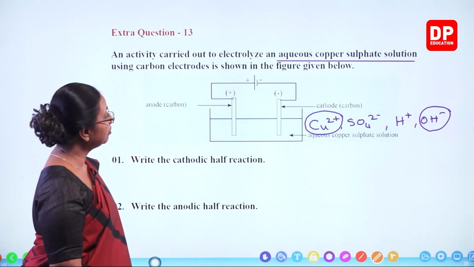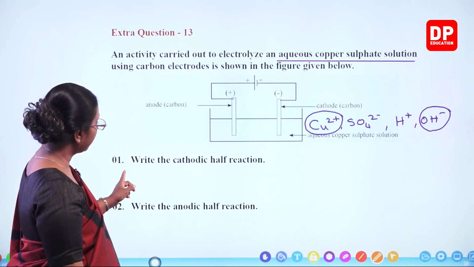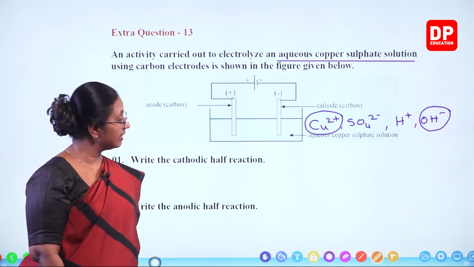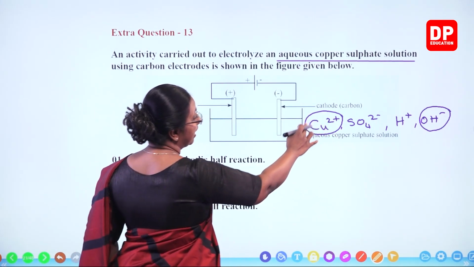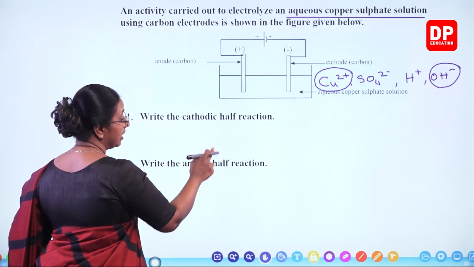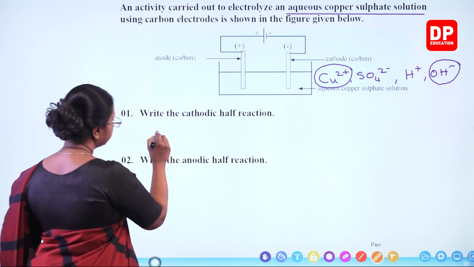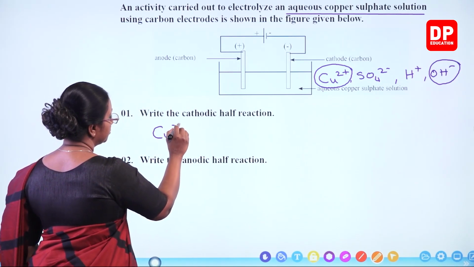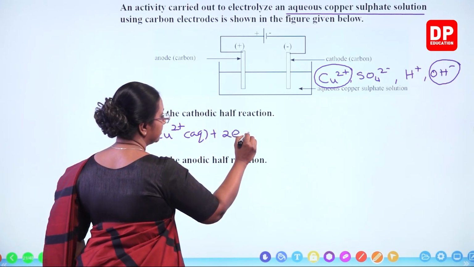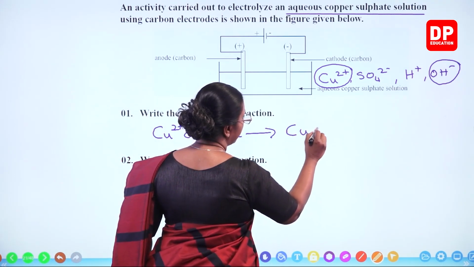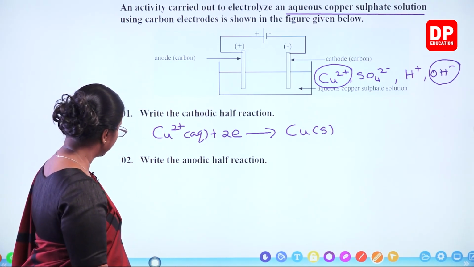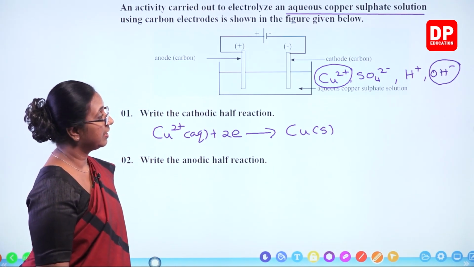So if you are to answer the questions, write the cathodic half reaction. Cathode means it has to be the reduction. So it is copper ions that will get reduced. So if we write the cathodic half reaction, Cu2+ aqueous takes up 2 electrons forming copper solid. That is the cathodic half reaction. Write the anodic half reaction.